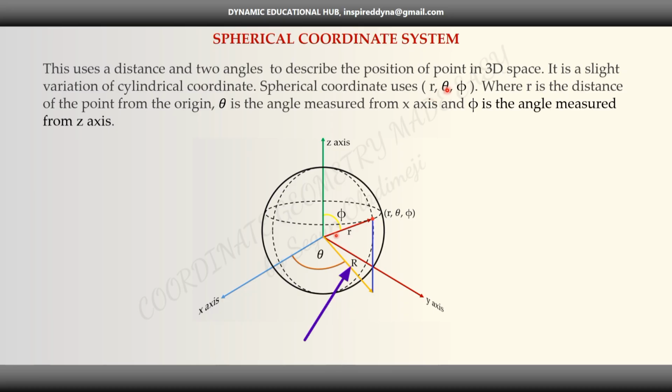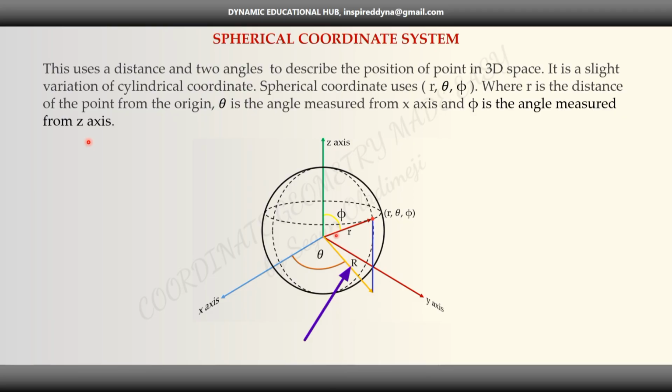This theta is still the same as in the cylindrical coordinate system, while this phi is an angle that is measured from the z coordinate until you get to the r. So where r is the distance of the point from the origin, theta is the angle measured from the x-axis, and phi is the angle measured from the z-axis.